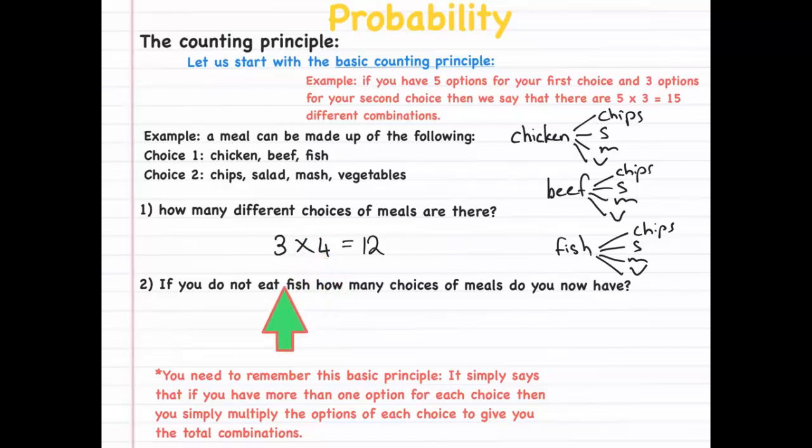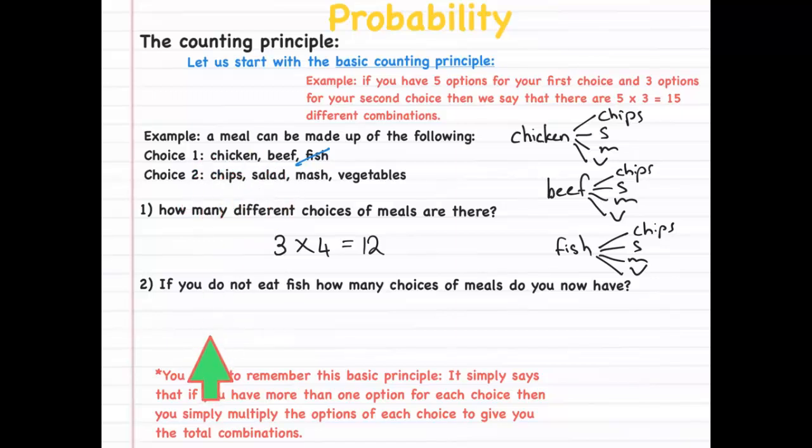Okay, great. Now, if you do not eat fish, how many choices of meals do you have now? Okay, so basically in the first choice we do not eat fish. So look what I do. I'm going to take my blue pen. I scratch that one out. So if you are not a fish eater, then how many options do you have for your first choice? Well, 1, 2, right?